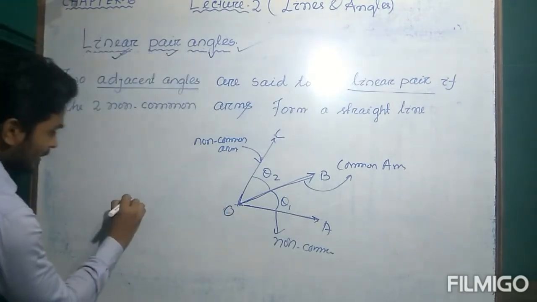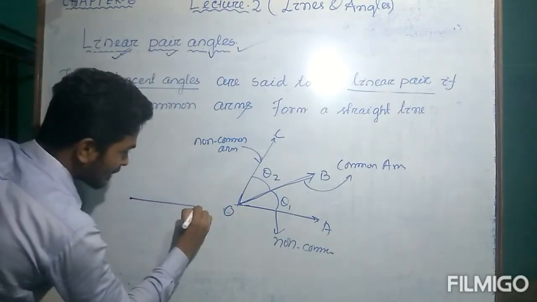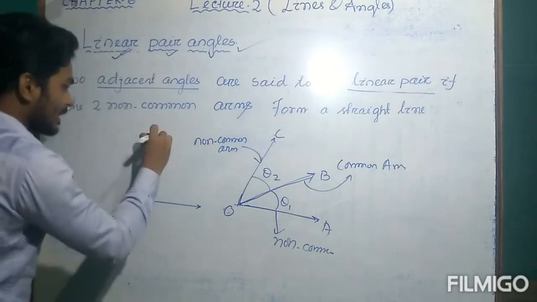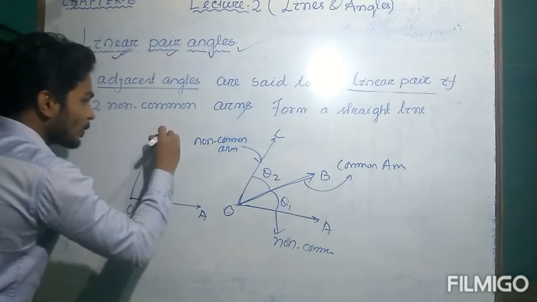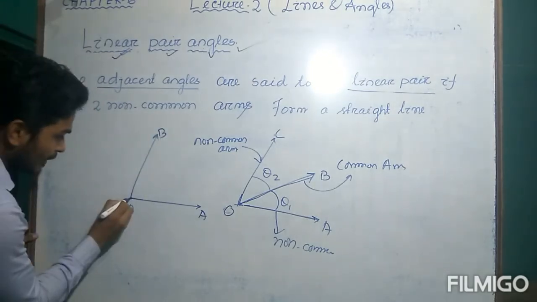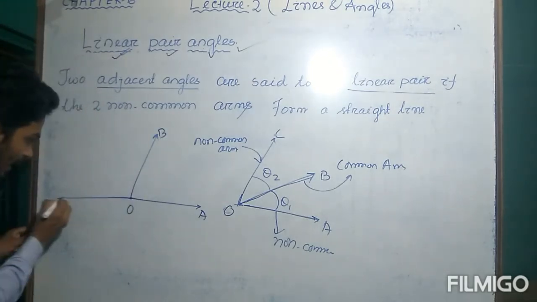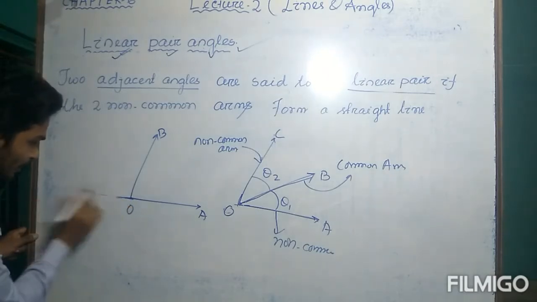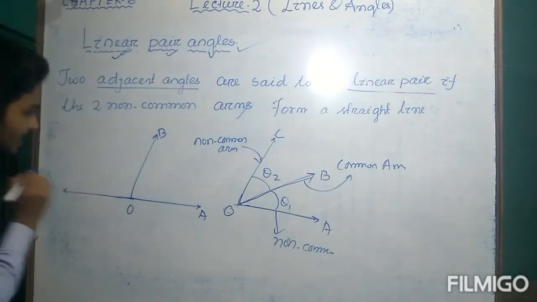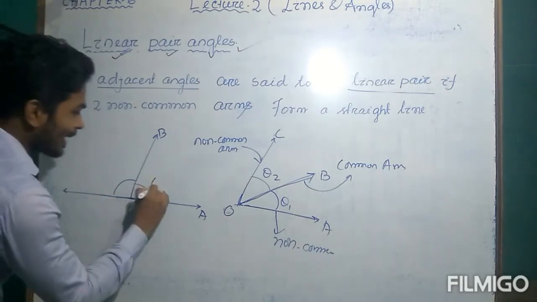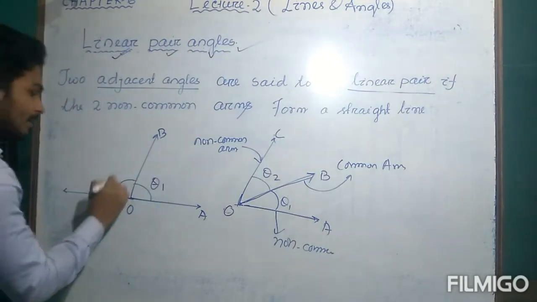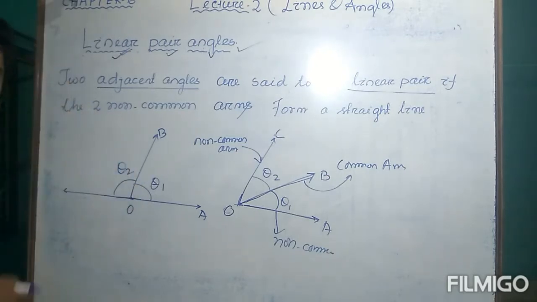Here, suppose this is a ray, this is an angle OA, OB, right? And here one more angle, so here there are two angles. One angle is theta 1 and another angle is theta 2.